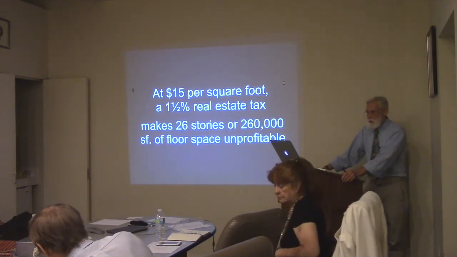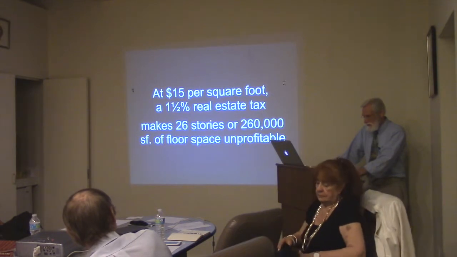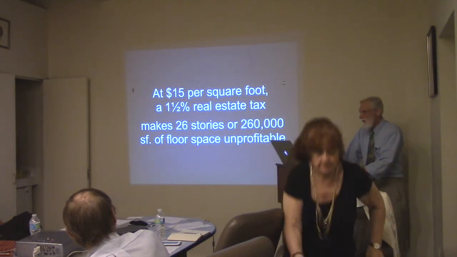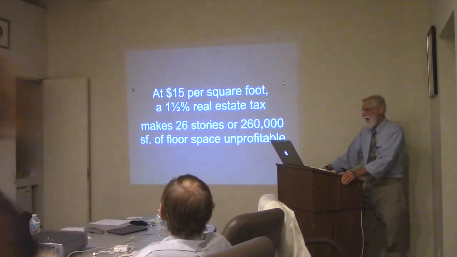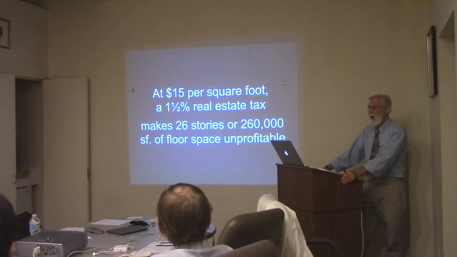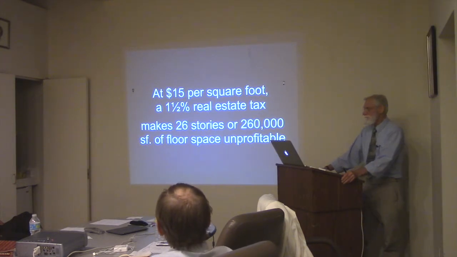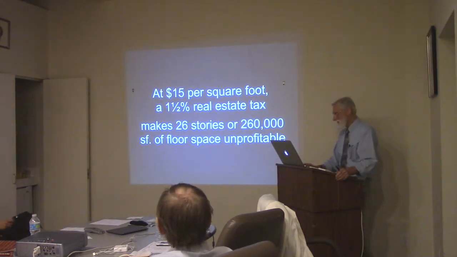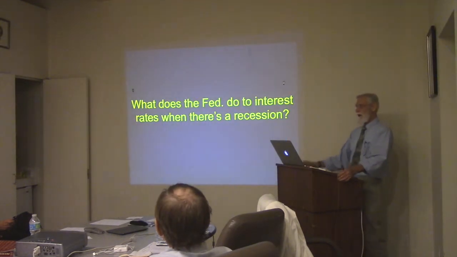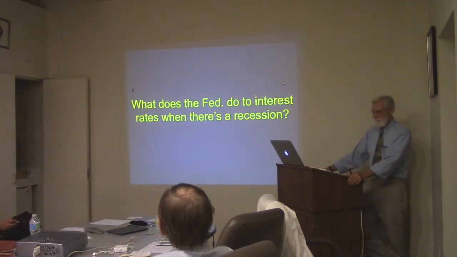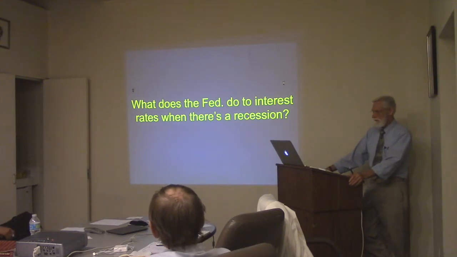It makes that tax on buildings, which is paid out of land rent, makes 26 stories, 260,000 square foot of floor space unprofitable. Now, to counteract this, especially in times of recession, what does the Federal Reserve do with interest rates?